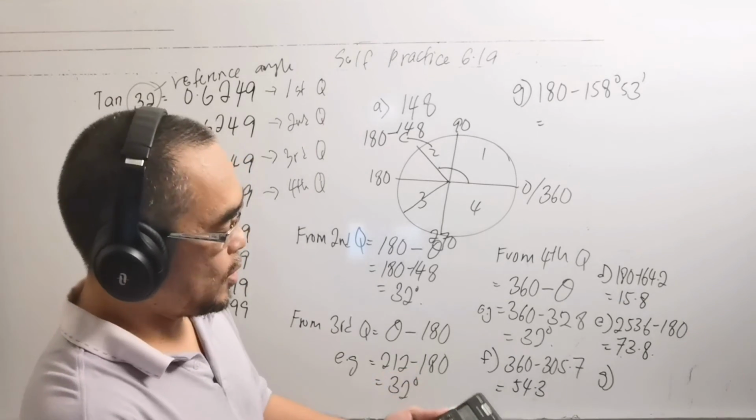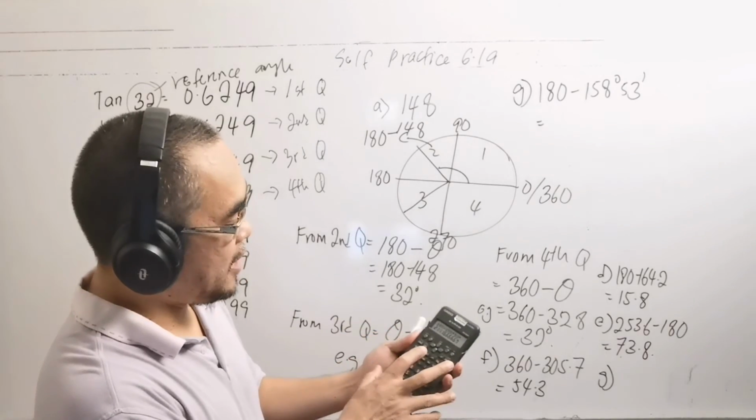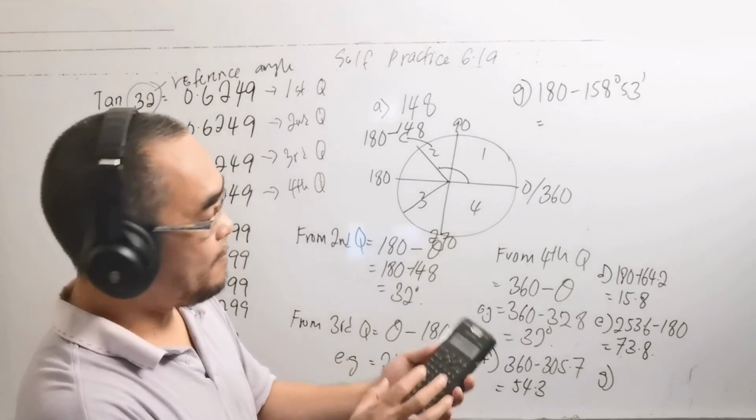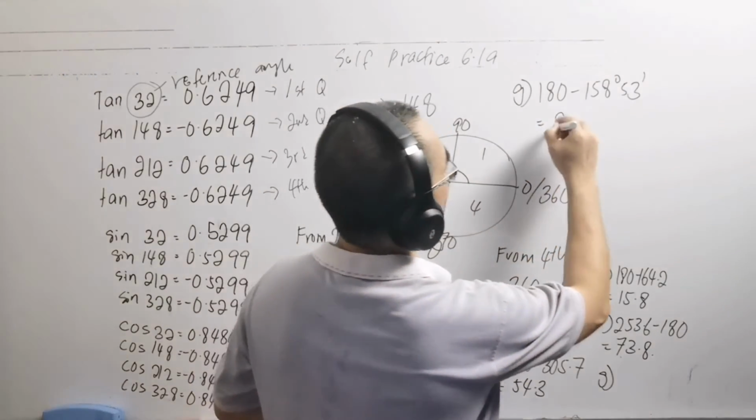In case you want the answer in degrees and minutes, just press the degree and minute button again. So the answer will be 51 degrees 7 minutes.